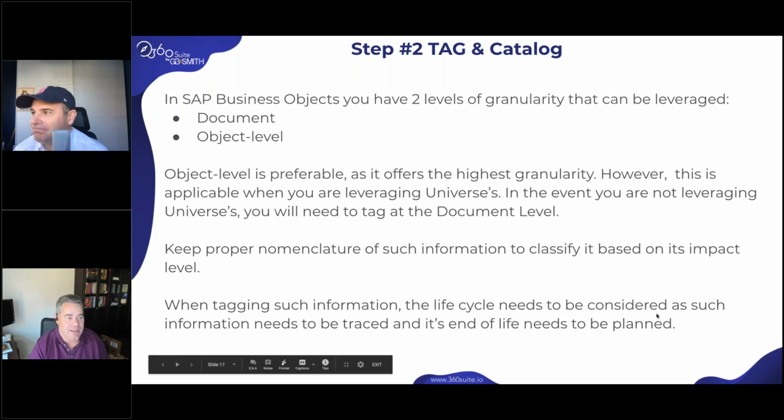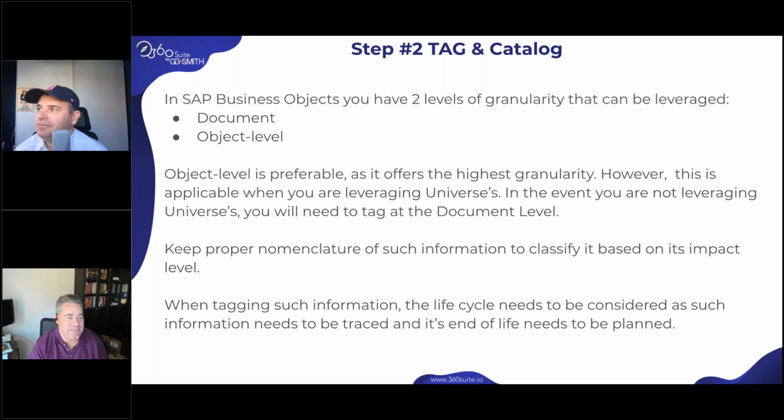All right. For step 2, this is where we get in and tag and catalog the data. So really in Business Objects today, you have 2 levels of granularity that can be leveraged. One is document level, your Crystal and Webi reports, and then the object level. And really object level is preferable, right?